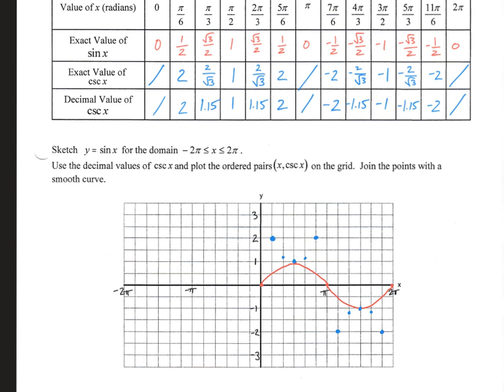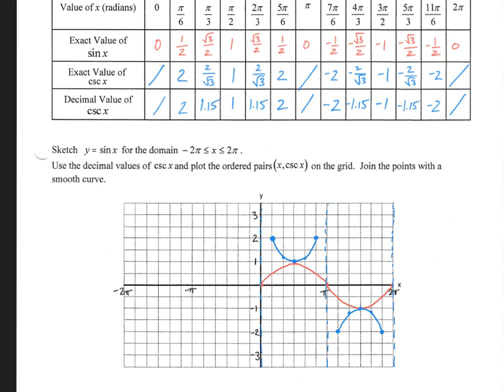Those points should have been pretty automatic for us, but also, since we know the reciprocal of 0 would be something like 1 over 0, we should then have asymptotes at 0, at pi, and at 2 pi. If we have that as our picture, then I think we should be pretty comfortable to deal with this.